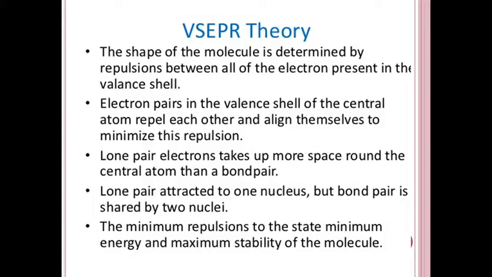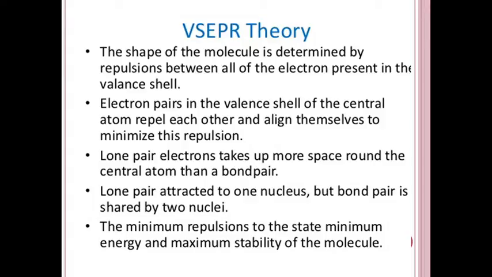So this theory is going to explain why certain molecules have certain shapes and what is the reason for that particular shape. Basically the molecule shape is determined by the repulsions.